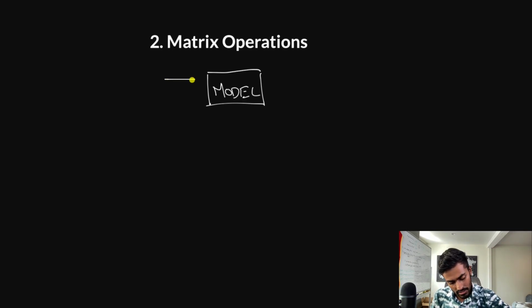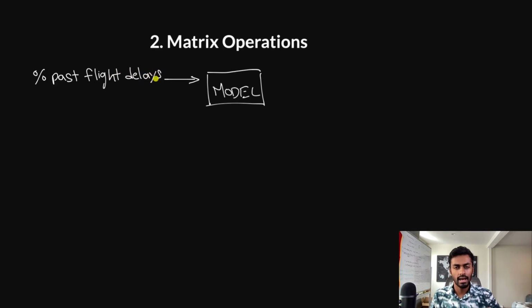Now, the inputs to these machine learning models, let's say that one of these features is the percentage of times that the flight has been delayed in the past. And let's say that a second feature is whether the current day is going to be a holiday or not a holiday.